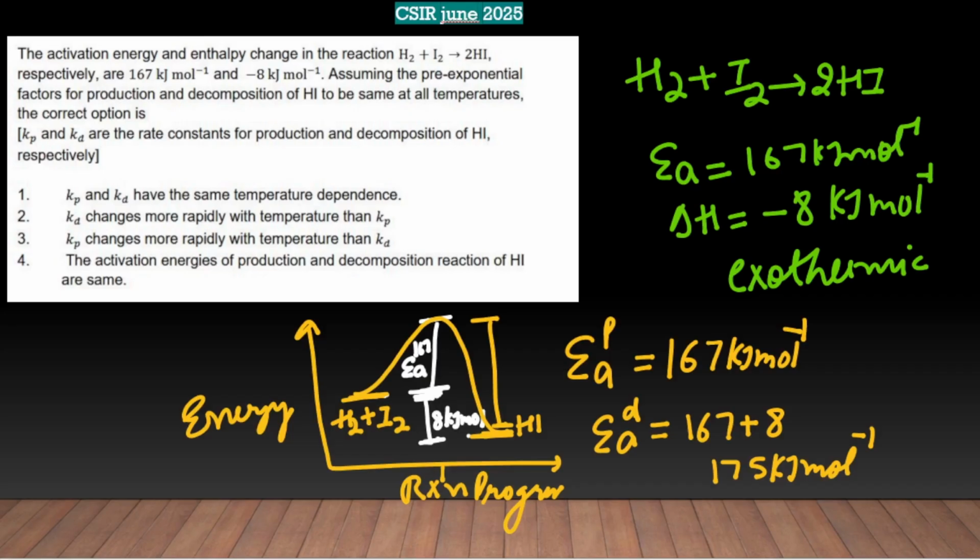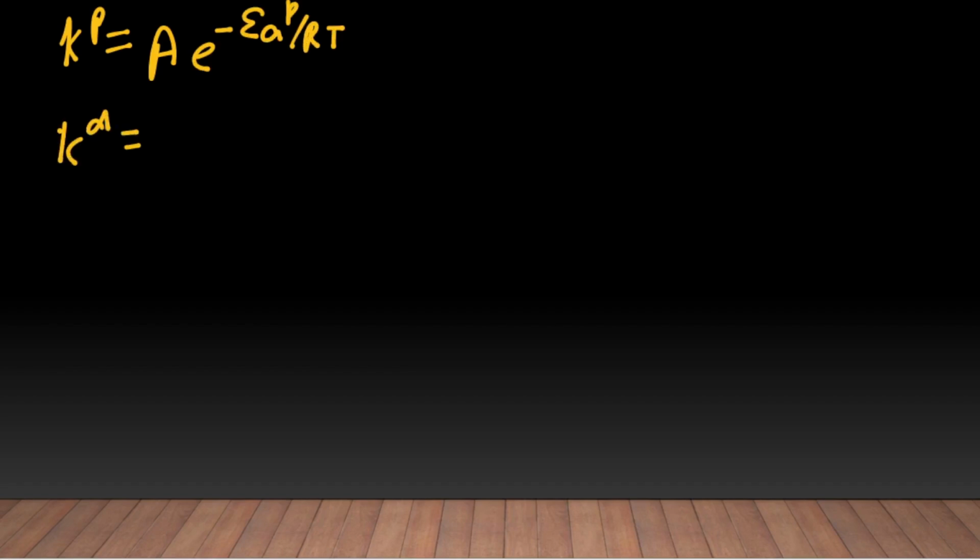Based upon this, the statements have been given. Let us have a look at that. They are also talking about rate constant values. So Kp, for the production, is A times e raised to the power of minus EAP upon RT, and for the decomposition it is A into e raised to the power of minus the activation energy of decomposition upon RT.